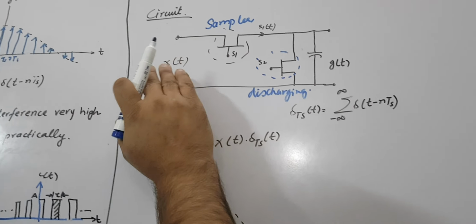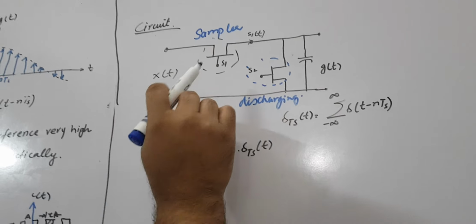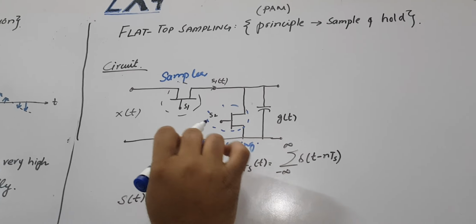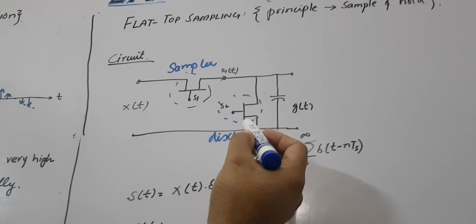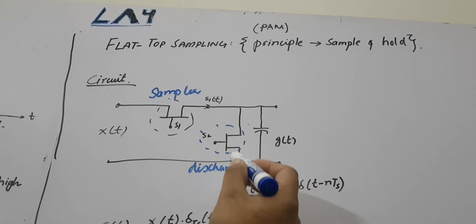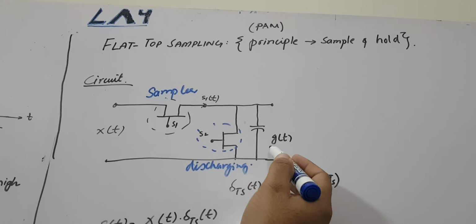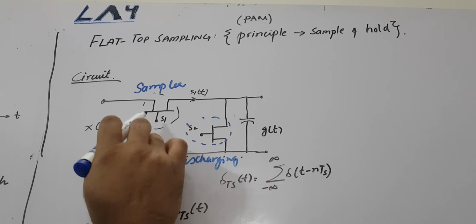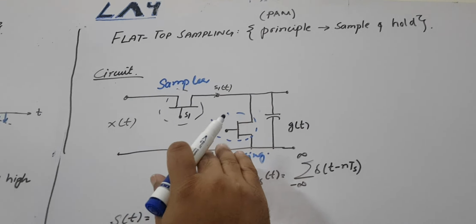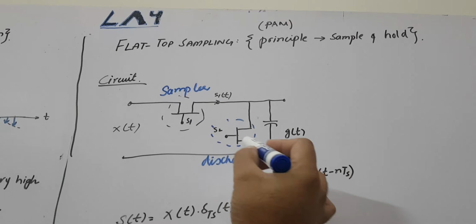So when you press S1, you are getting output, and when you press S2, your signal is discharging through this capacitor, and then you are not getting any output. If you press S1, you get samples at the output, but if you press S2, you get nothing at the output.